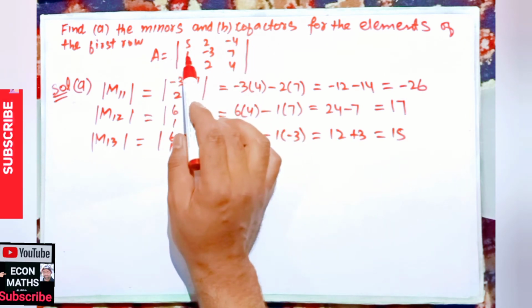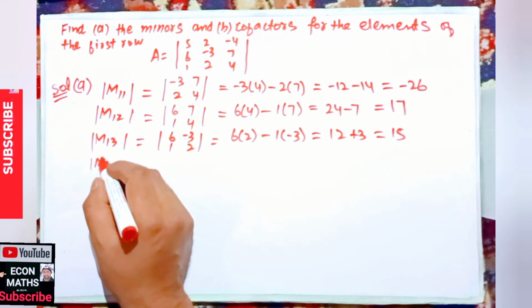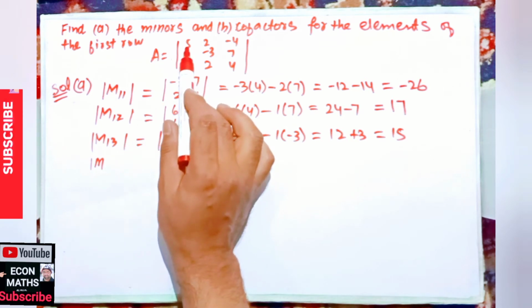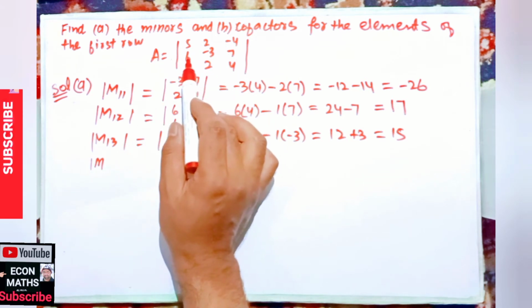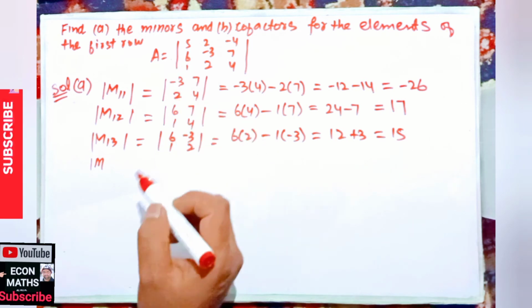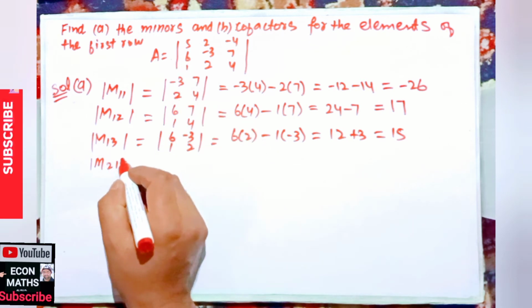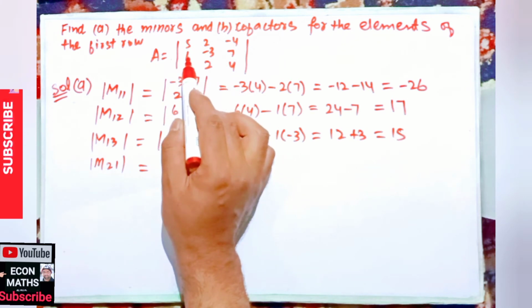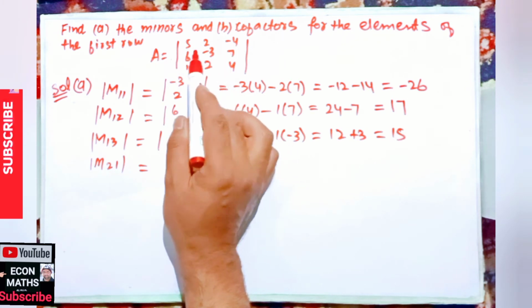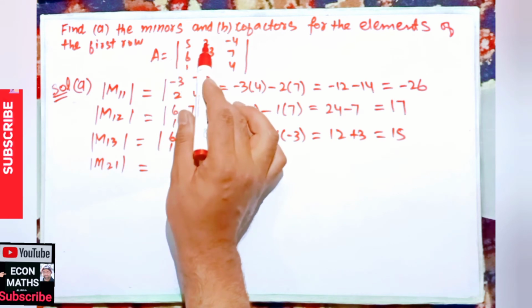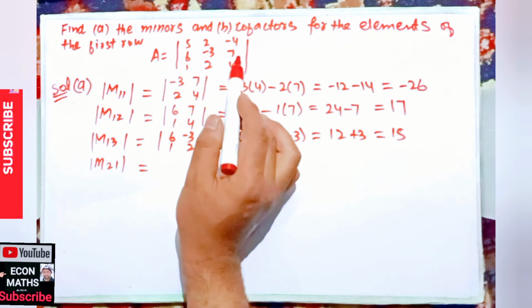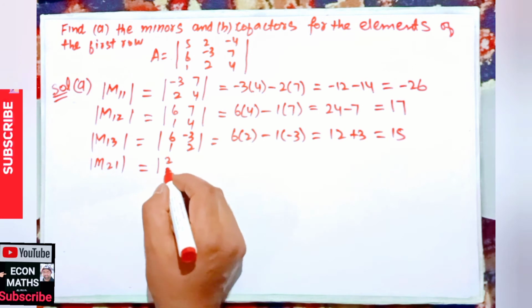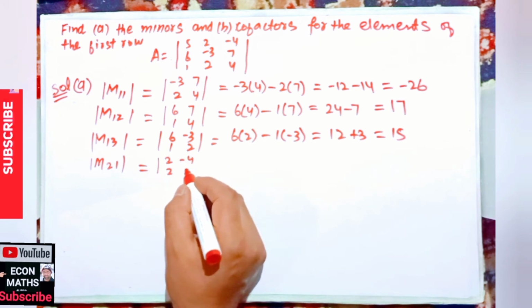Similarly we can find the minor here, that is M11, M12, M13. Now here it is M21. So M21 is equal to, we mentally delete the row and the column in which this element appears and take the determinant of the remaining elements. The remaining elements are 2, 2, minus 4 and 4.